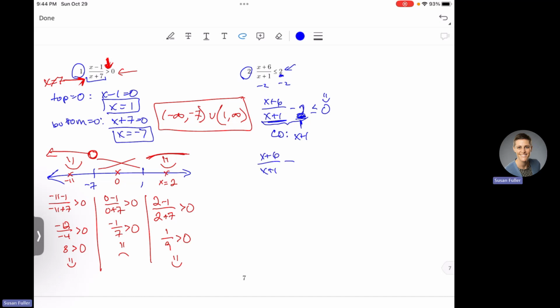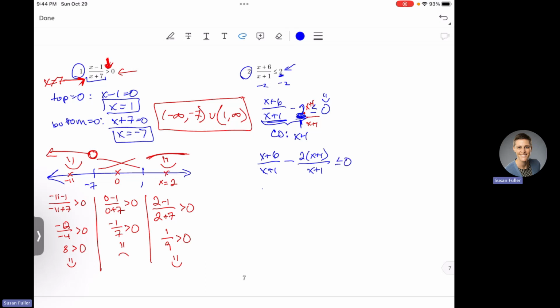To get a common denominator here with this 2, I'm going to multiply the top by x plus 1 and the bottom by x plus 1, because that's what I need to get a common denominator. And so I'm going to have 2 times x plus 1 on the top and x plus 1 on the bottom. And that's going to be less than or equal to 0.